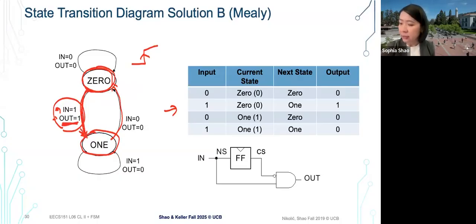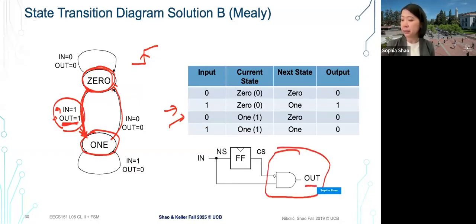And here you can get the state transition graph and diagram. Here the output depends on both the current state and also the input. So now we have two ways of describing the same circuit. Both express that whenever we find an edge, we output a 1 to the downstream circuit.